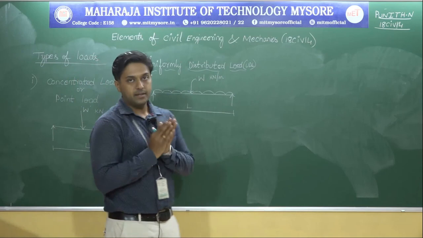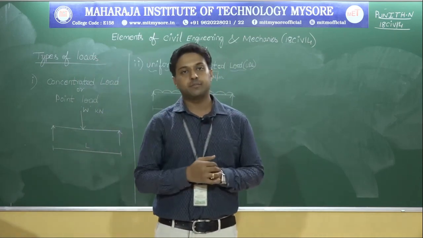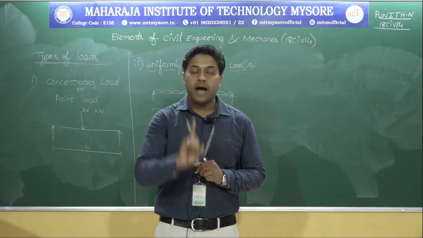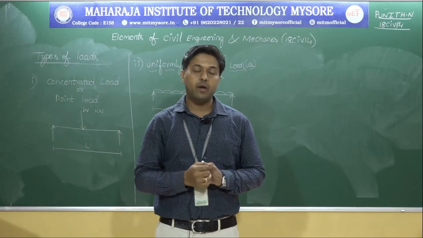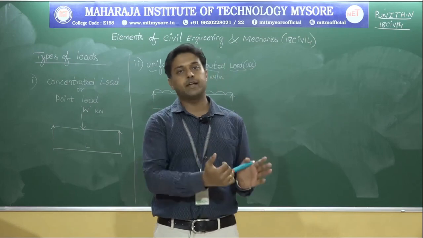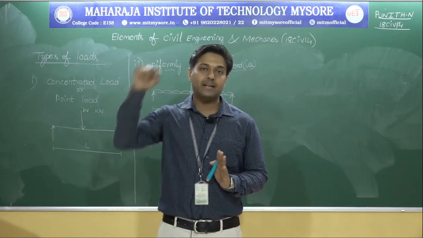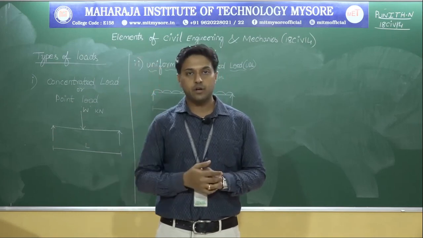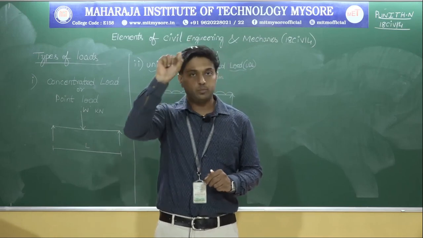Now the important thing is, in civil engineering we have some sign conventions, yes or no? For example, upward direction we consider positive, downward direction negative, rightward direction positive, leftward direction negative, and in terms of moment, clockwise moment positive, anti-clockwise moment negative. So we know it only for a point load.